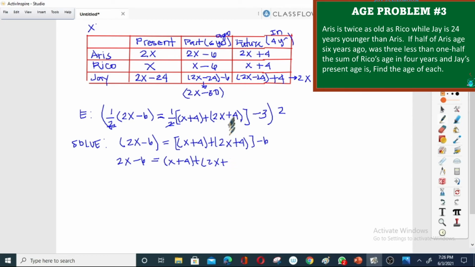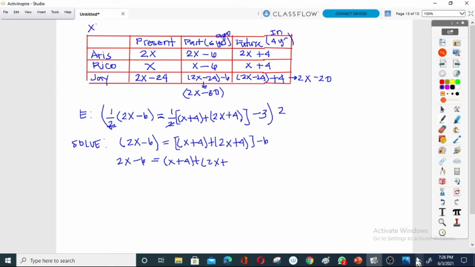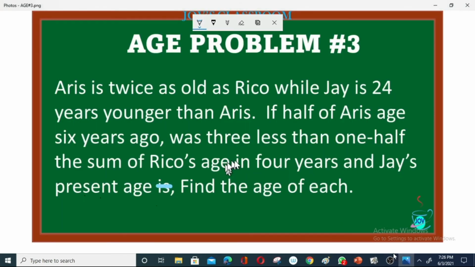Wait, I think it should be J's present age. J's present age is 2x minus 24.